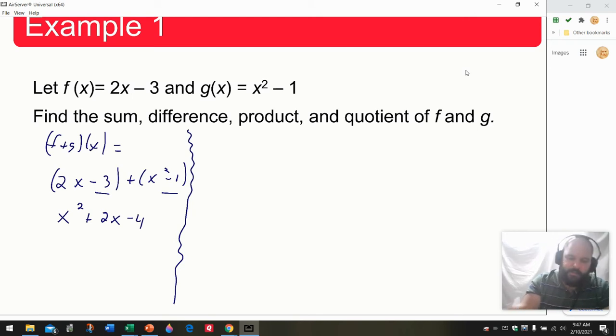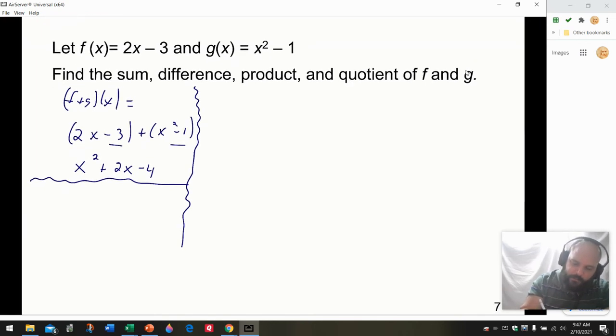Now, the next one, they asked us to find the difference. So it's going to be done in a very similar fashion. Really, the only difference here is that we are going to subtract instead of add. So I am going to set the problem up pretty much the same. We want f minus g of x, and that is going to equal 2x minus 3, but then we have to put a subtraction.